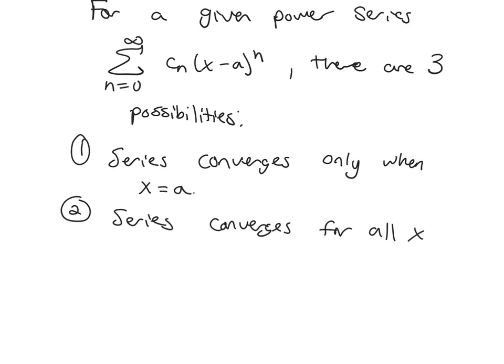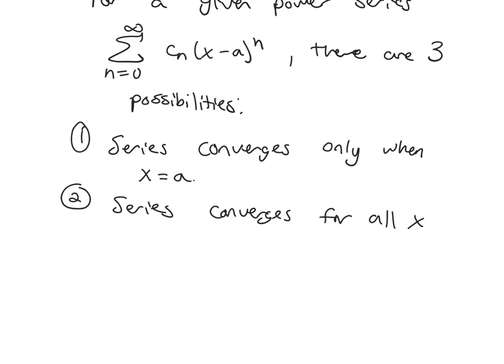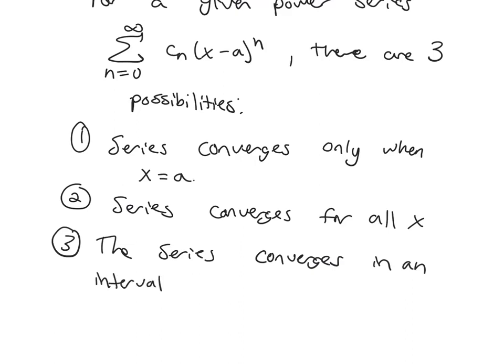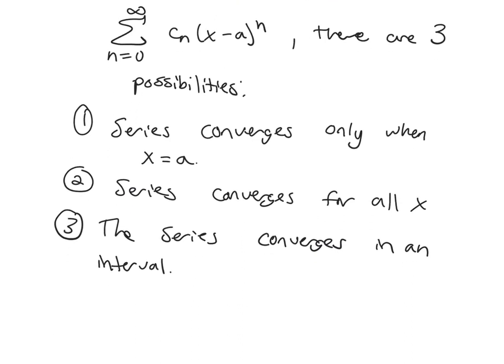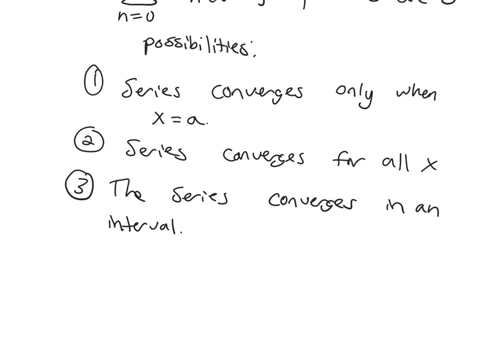And then the third was that it converged in an interval. So those are the three possibilities we saw last time. The series only converges for one value, it converges for all values, or there's an interval where it converges.